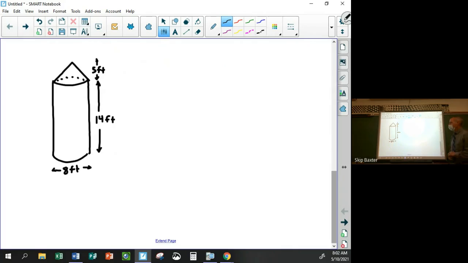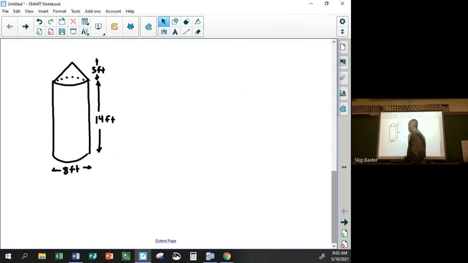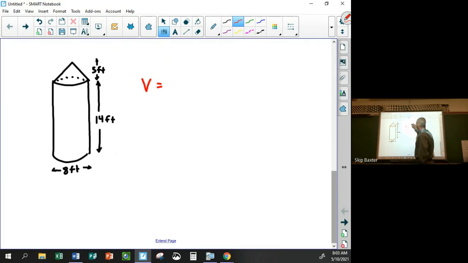Then we have everything we need here, right? To find the volume, it's really just the volume of the cylindrical part plus the volume of the conical part.